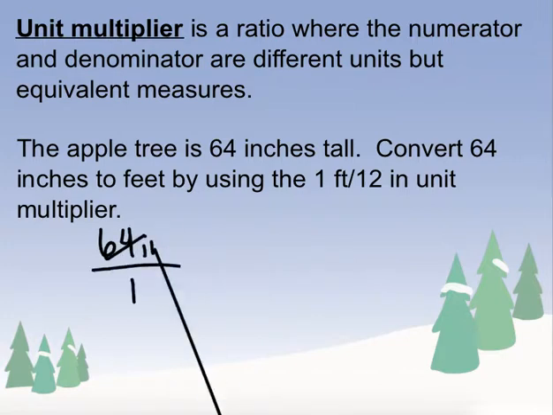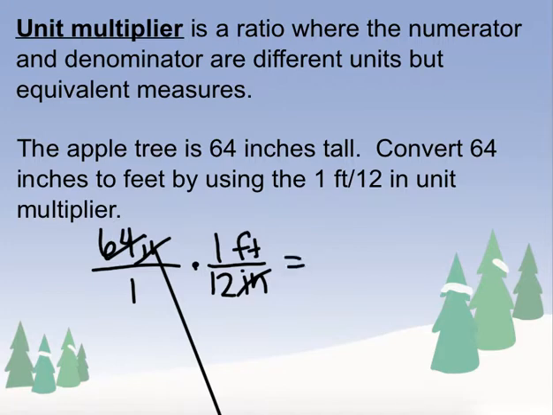I want to get rid of the inches, and I'm going to use a unit multiplier. I have a choice: I can use 1 foot over 12 inches or 12 inches over 1 foot. But in order to get rid of the inches, I need the inches on the denominator so that they can cancel. So I use 1 foot over 12 inches.